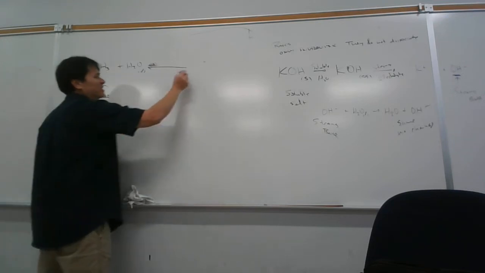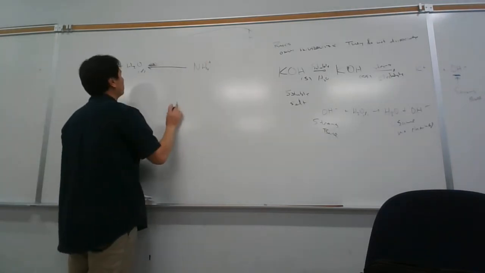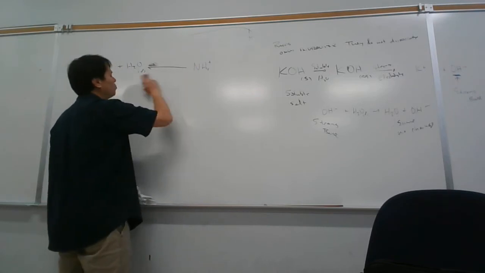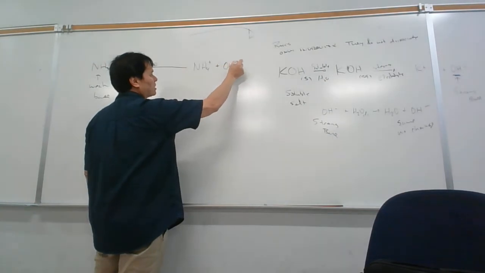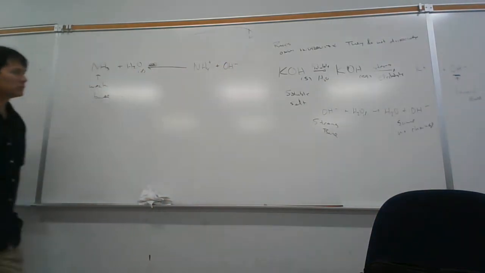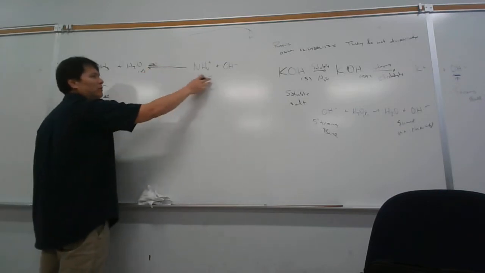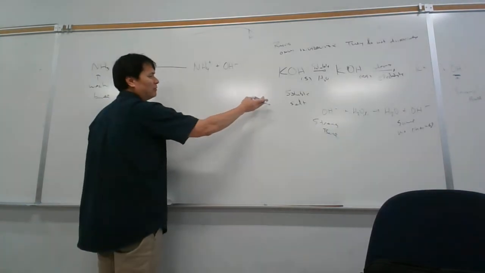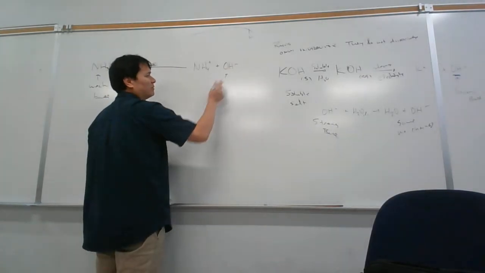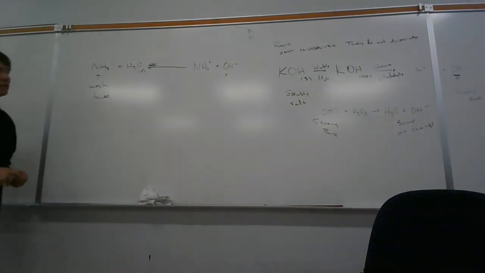And so ammonia is going to take an H plus to form NH4 plus, ammonium. And so ammonia gets converted into ammonium, and water loses an H plus to form hydroxide. And so this is what we form here. But this is uphill. Since this is uphill, we don't form very much hydroxide. And so in strong bases, we have lots of hydroxide. In weak bases, we have a little bit of hydroxide. And the more hydroxide we have, the stronger the base.